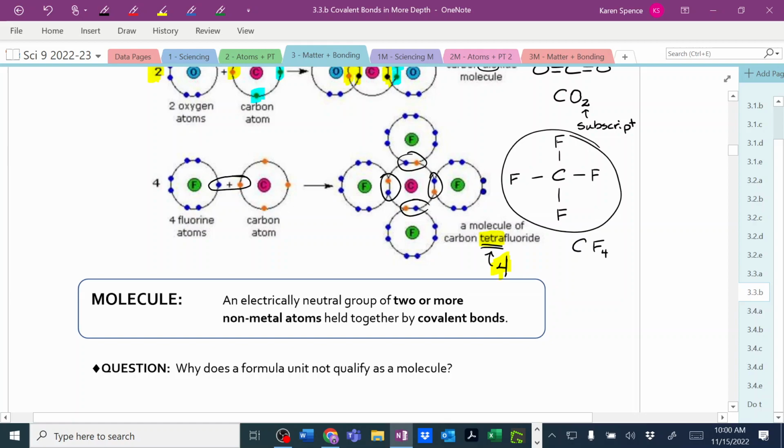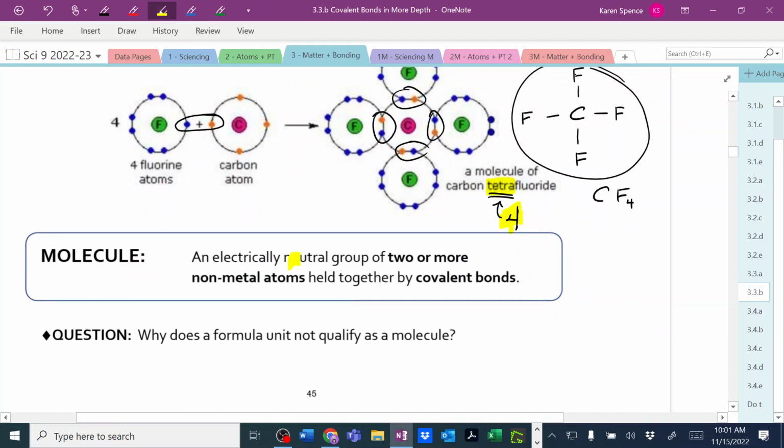So a molecule, it is neutral. It is made of nonmetals, and it's held together by covalent bonds. Now you have to think back. If I have a formula unit, what is a formula unit?